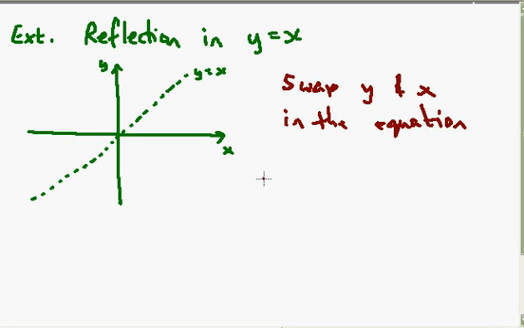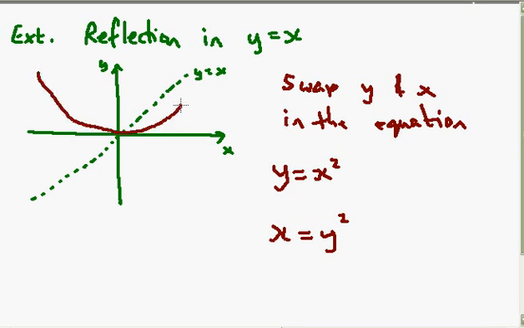So for example, if you had y is equal to x squared, then the reflection is x is equal to y squared. So I've just swapped the x's and y's around. So if you can imagine y is equal to x squared, we use it quite a bit, looks something like that.